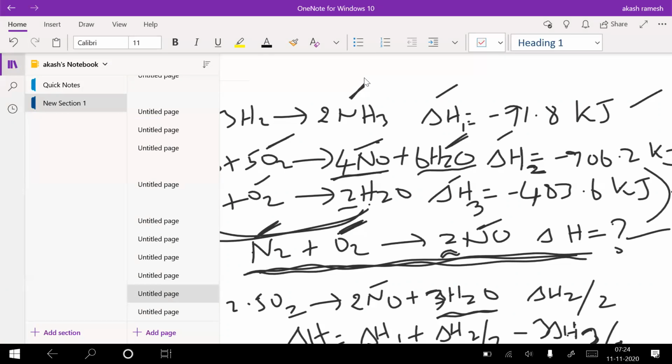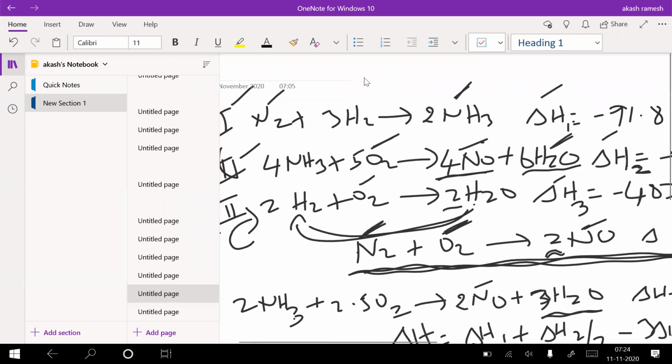I think there is something, I made a calculation mistake. Okay, no issues. If you just get delta H1 plus delta H2 divided by 2, and 3 delta H3 divided by 2, if you do the calculation properly, you should be getting minus 90.25, I guess. Anyways, you can do the calculations later, no issues at all.